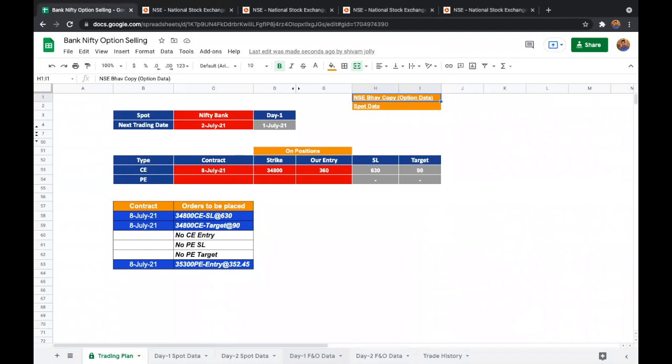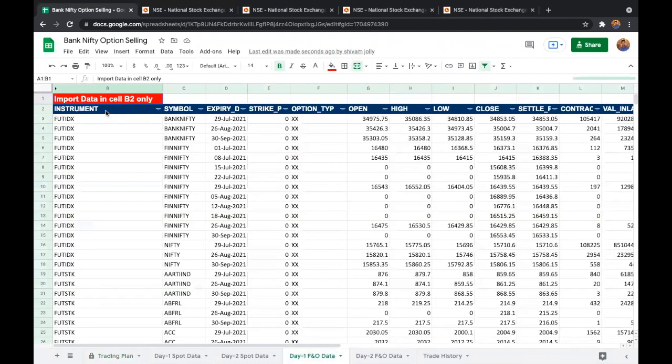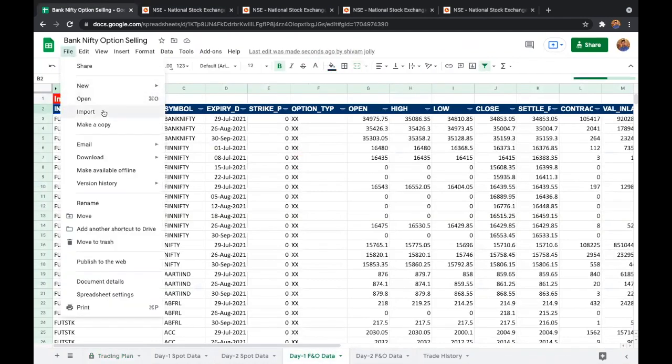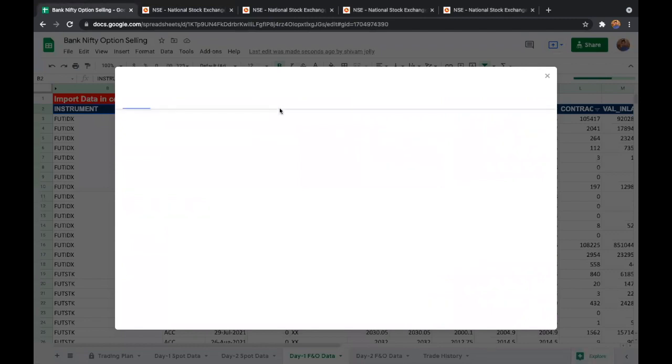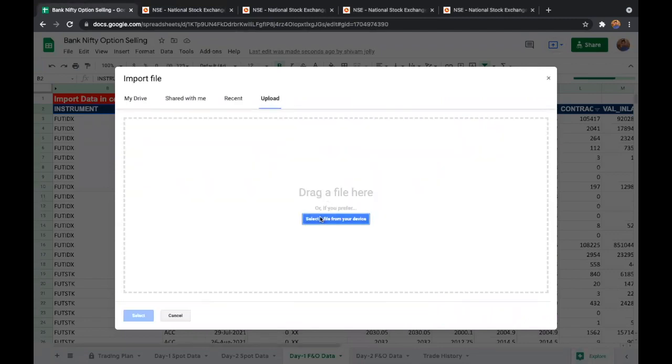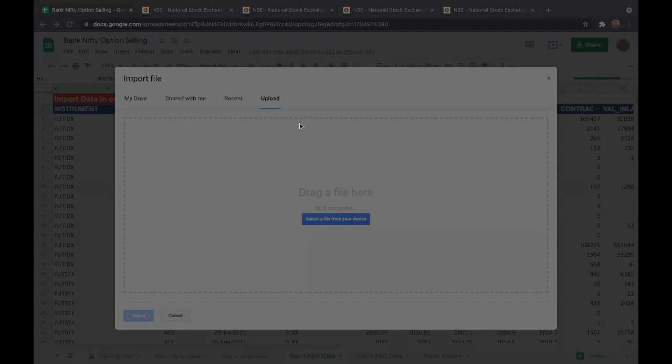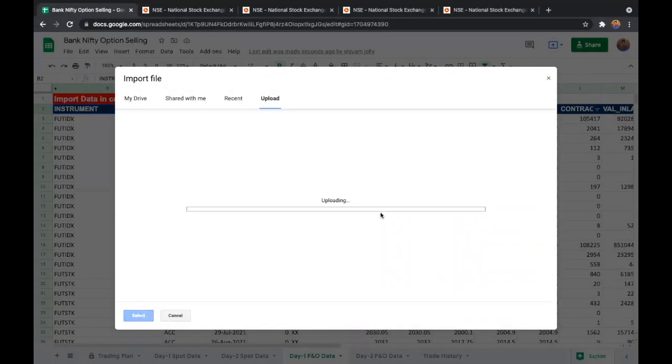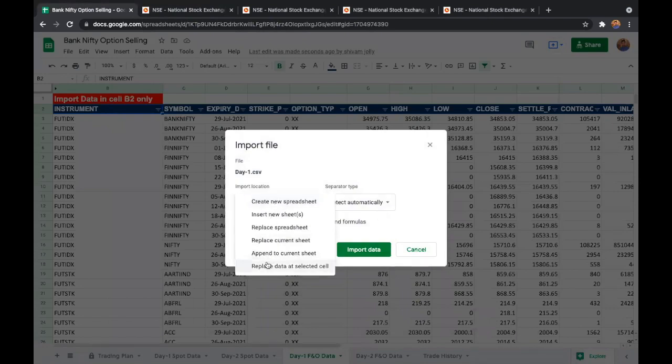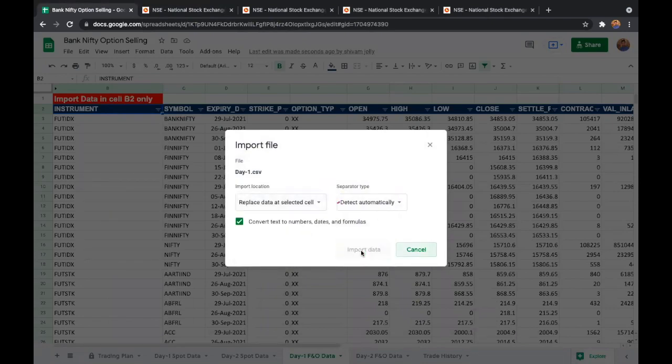So now we'll import the same data over here as well. File, import. This would be day one data for us in FNO, and we upload the same, right?